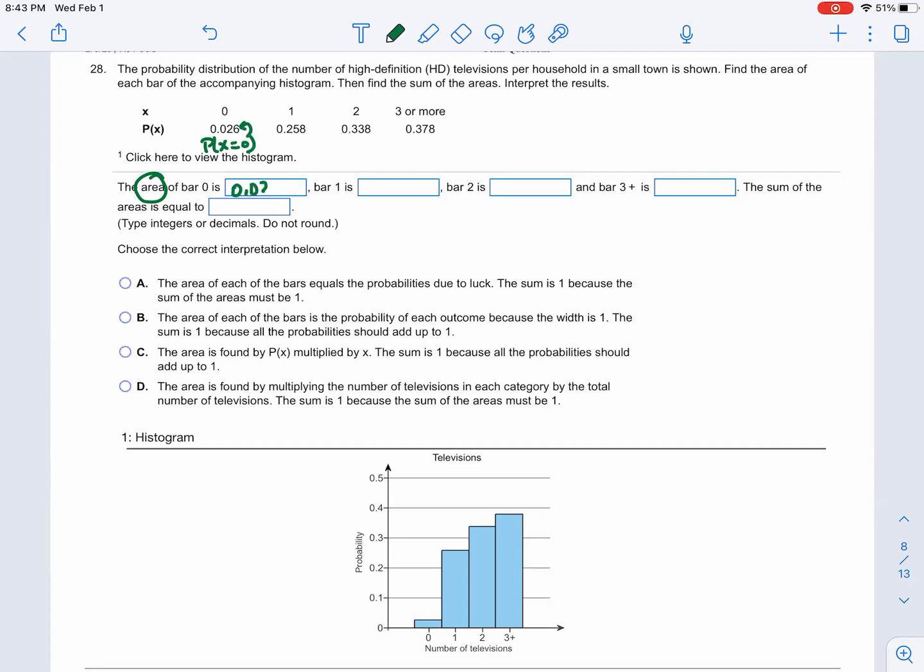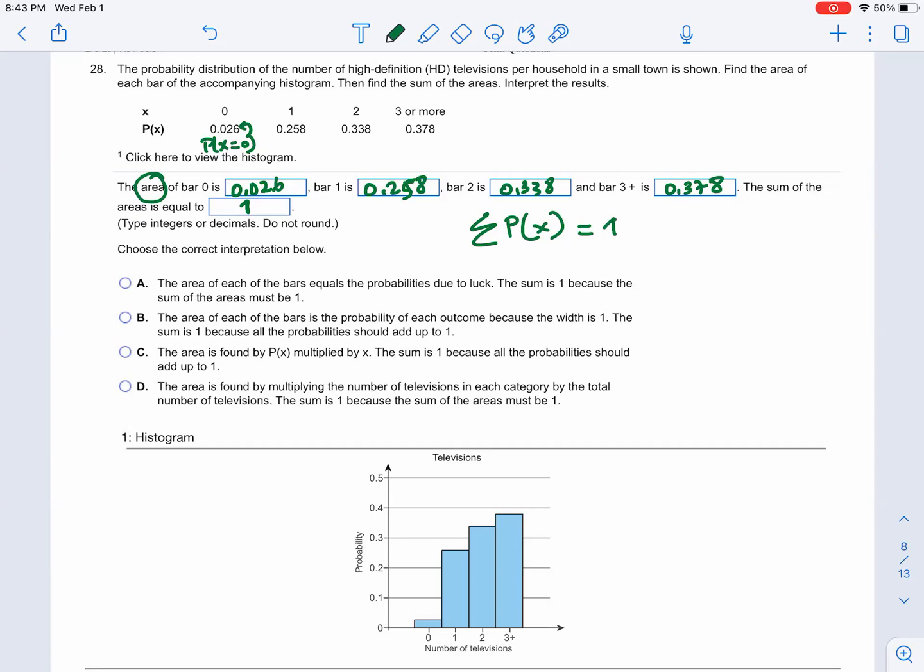So this is 0.026, 0.258. Remember, area is equivalent to probability. Bar 2 is 0.338. Bar 3 is 0.378. The sum should equal 1. Remember, the sum of all probabilities should be 1.